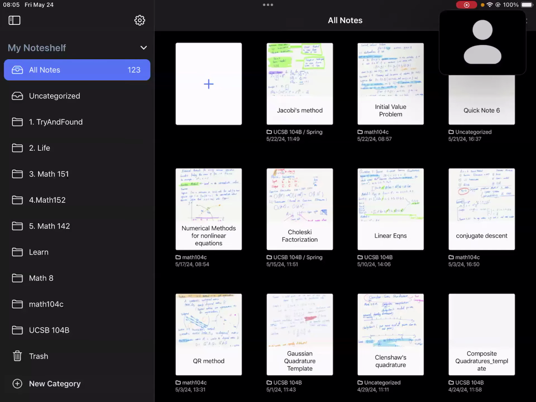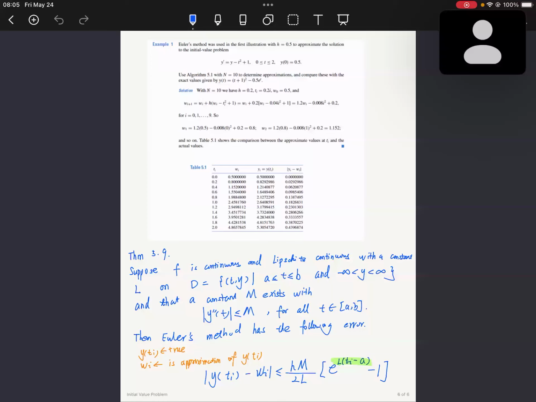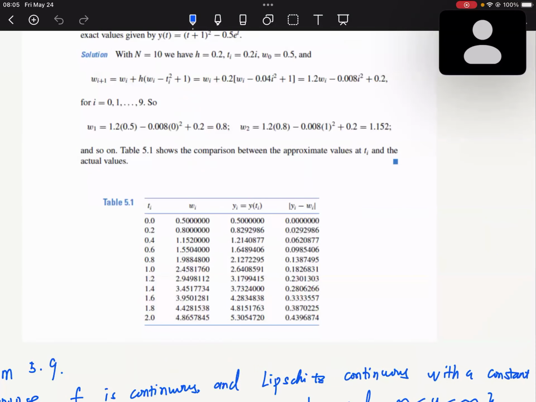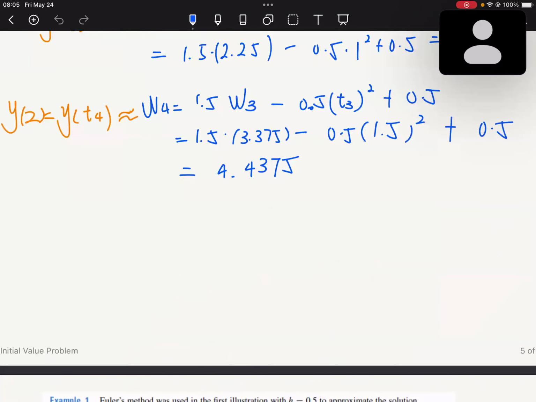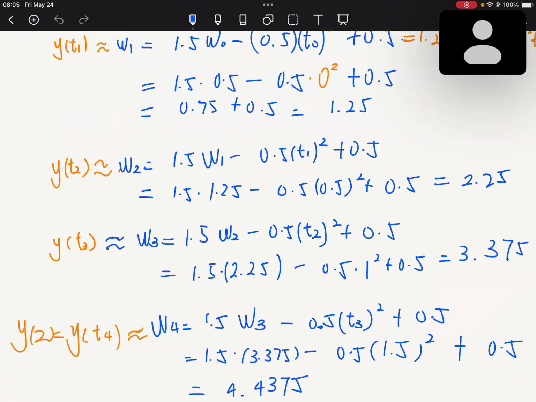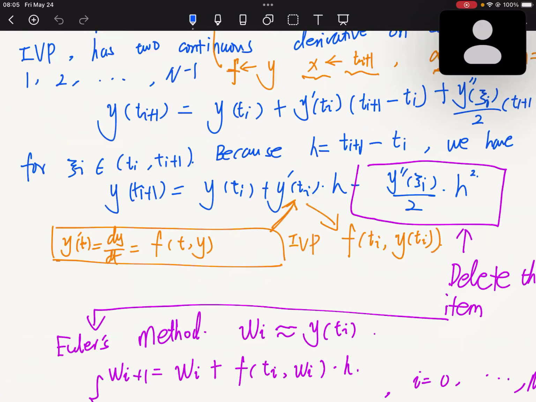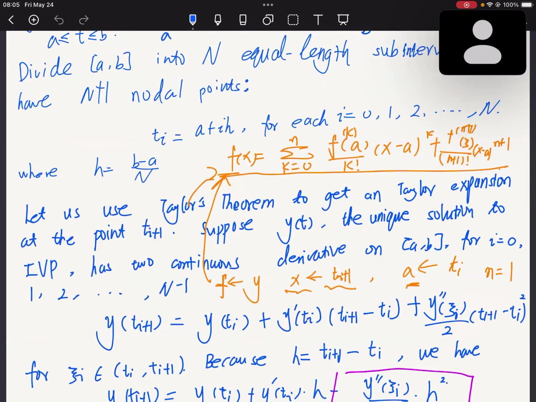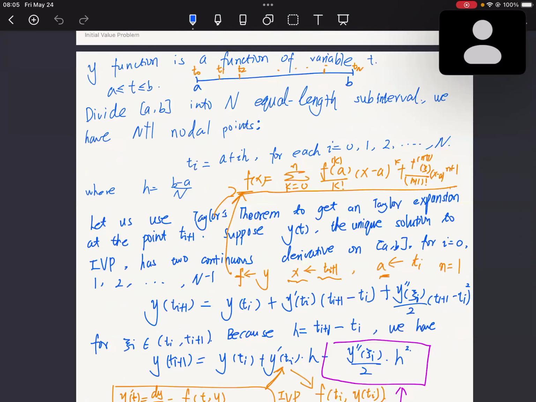And last time we talked about Euler's method, which is one method for solving the initial value problem. This is what we have in Euler's method.